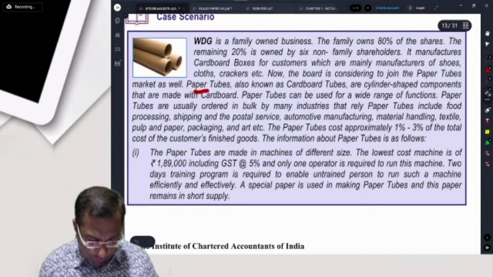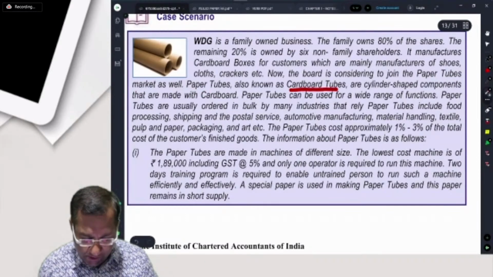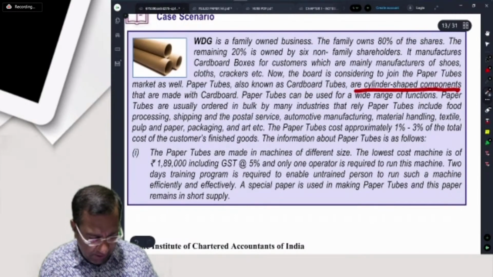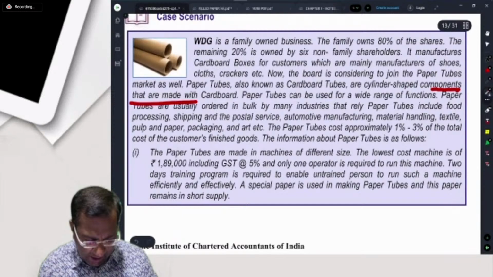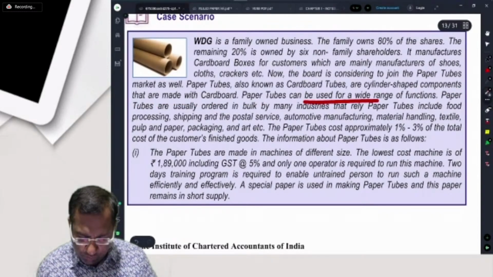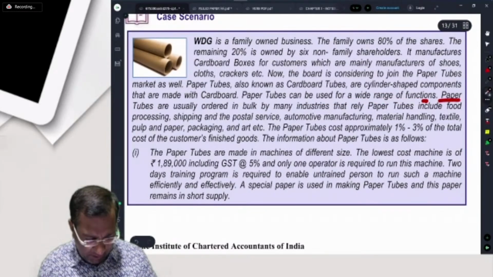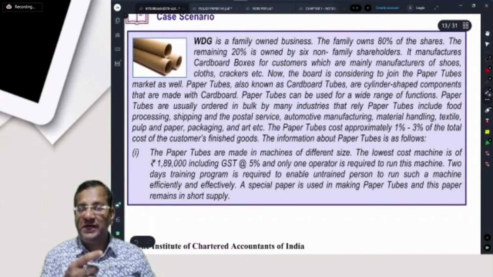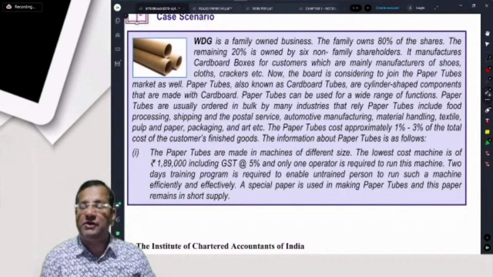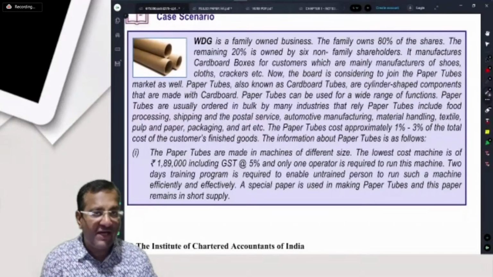Paper tubes, also known as cardboard tubes, are cylindrical-shaped components made with cardboard. The new product can be used for a wide range of functions. Intentionally, I'm not reading the words paper tube; I'm substituting it with new product, as it gives more clarity.